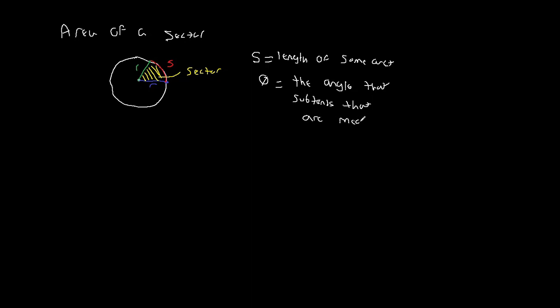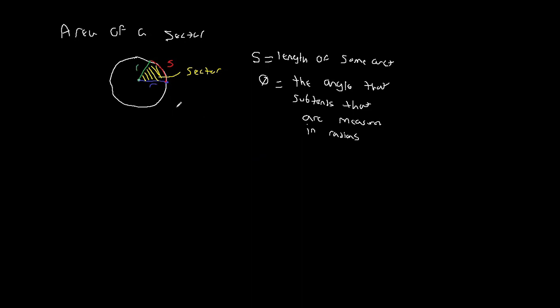Measured in radians. And we know that if we were to go all the way around, if this arc went all the way around to become a full circle, that angle would be 2 pi.